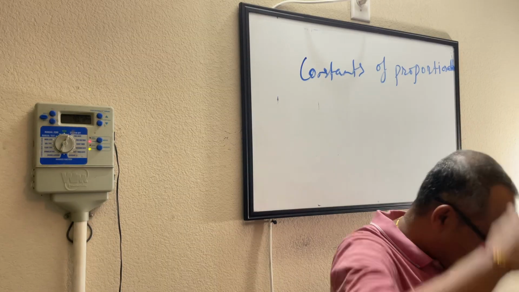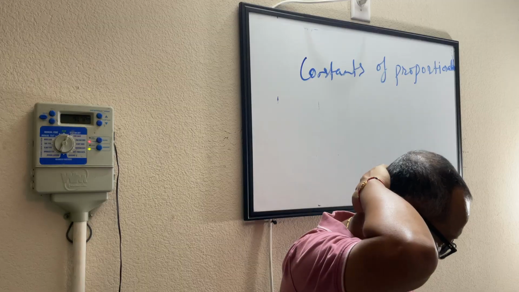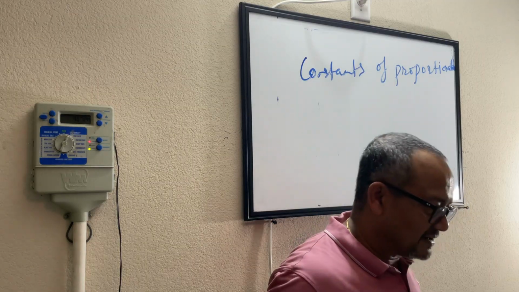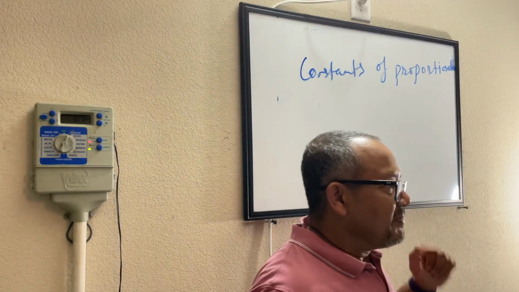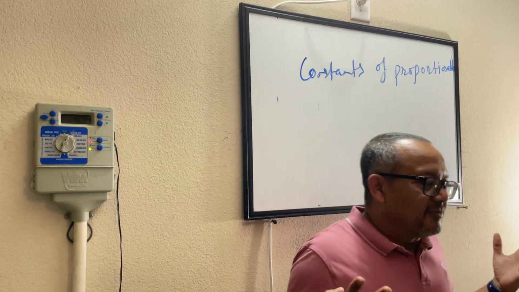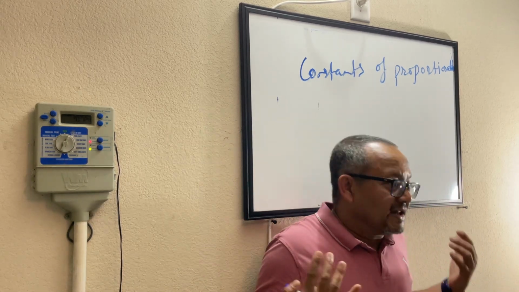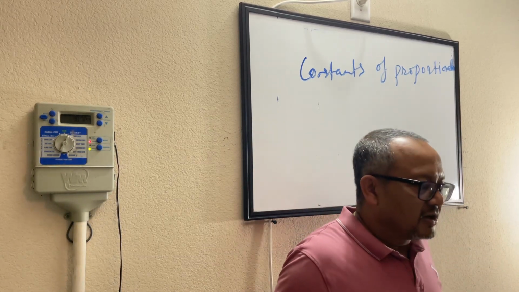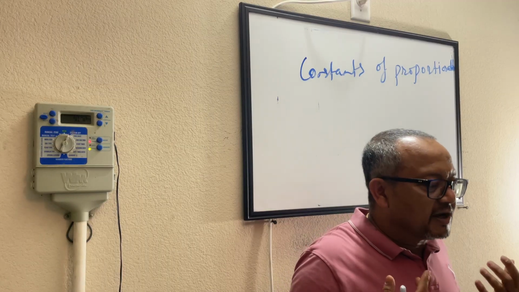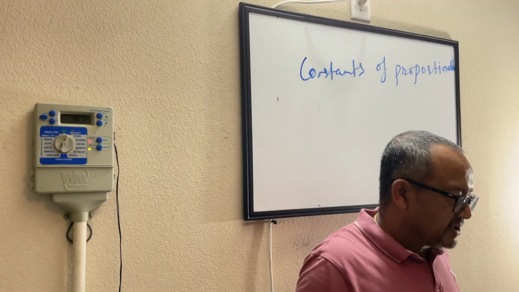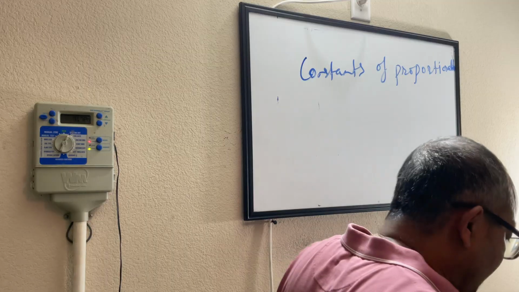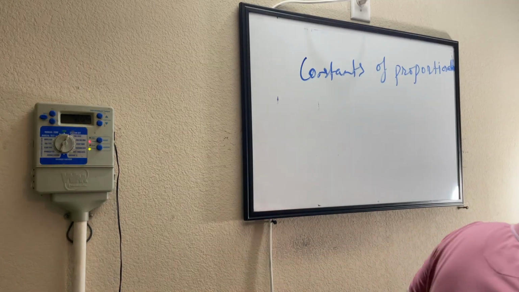Yes, Ami, is this for 8th grade or 7th grade? 7th grade. Okay, definitely. But again, as I say, any concept that we learn has to be as simple and easy to interpret or relate. Now, what do you mean by constant of proportionality?